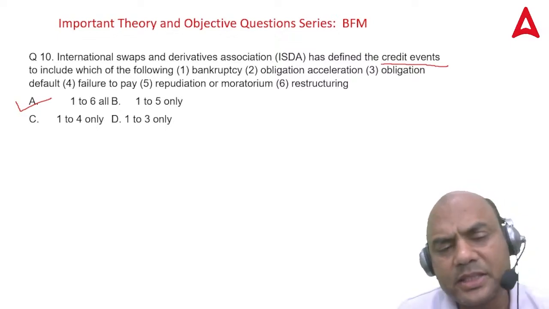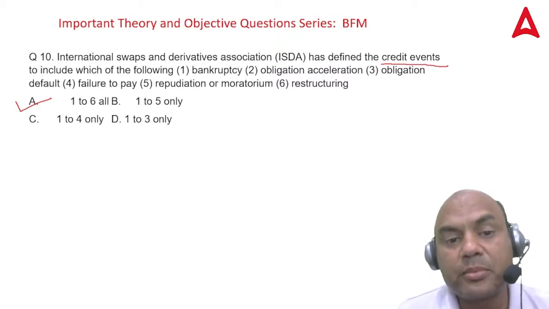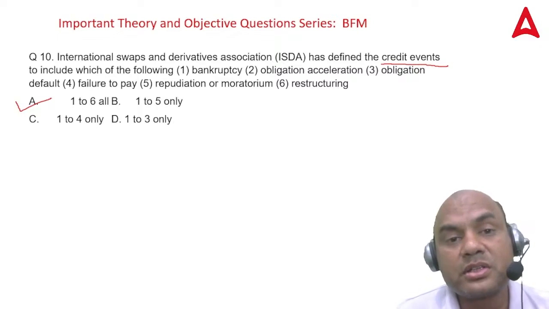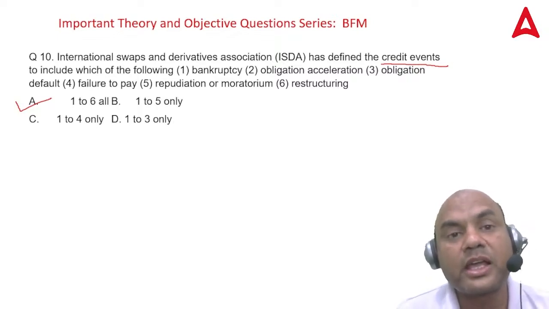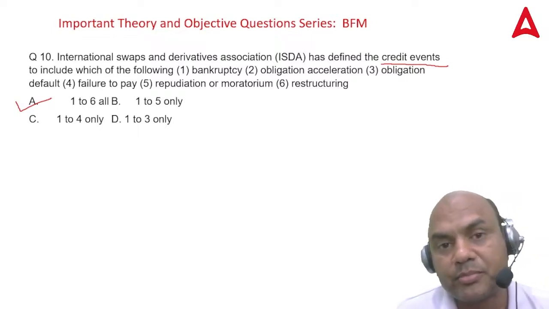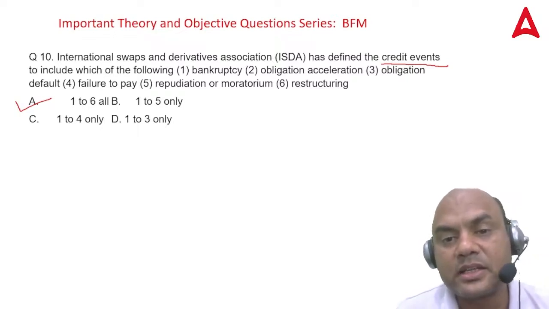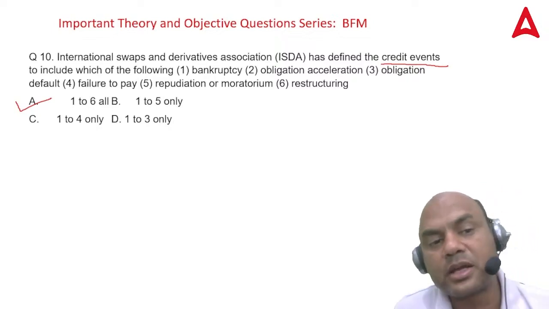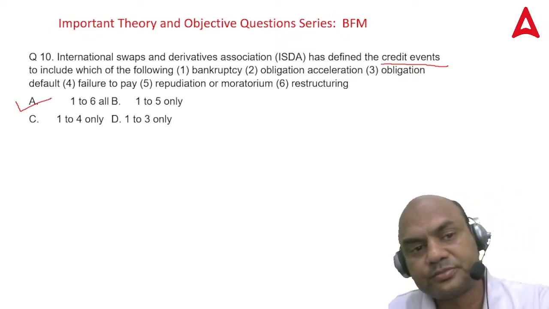Failure to pay, again the same meaning. Repudiation or moratorium. Moratorium means I give a certain stoppage or a certain halt for making the payment, right? And restructuring. This is generally in NPA. So the answer is 1 to 6 all. All of them are credit events.